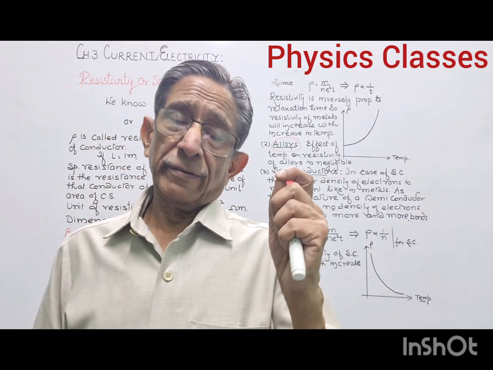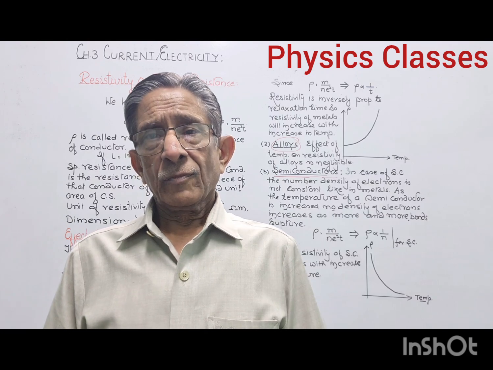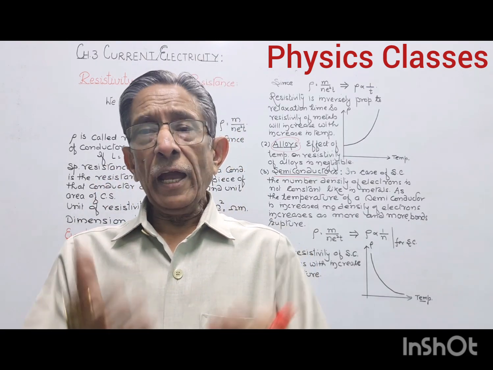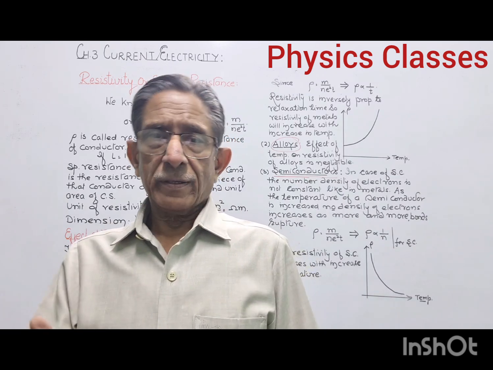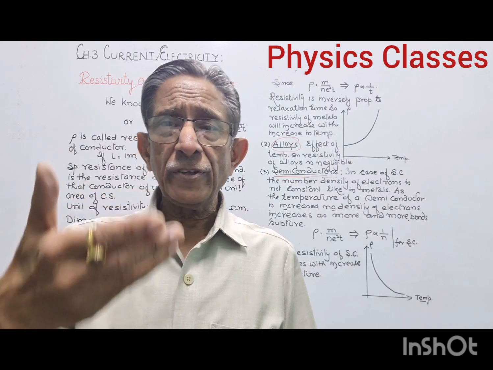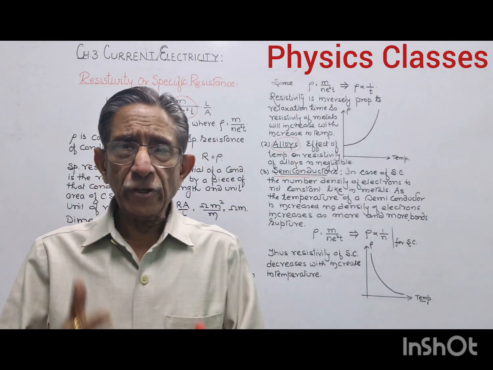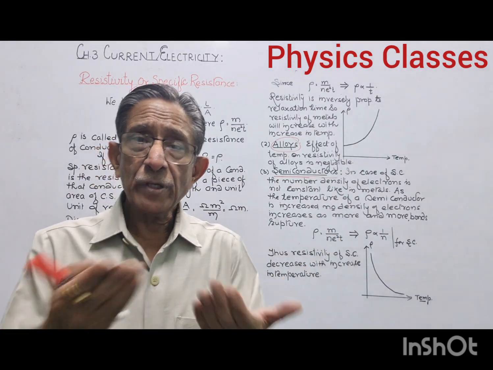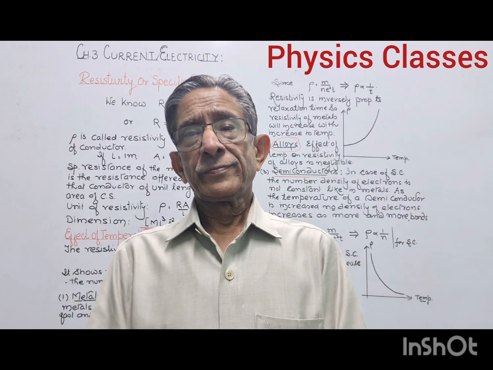We know that at absolute zero, semiconductors behave as insulators as they have no free electrons. But as the temperature of semiconductors is increased, the number density of free electrons increases. Why? Because the bonds rupture, bonds break.